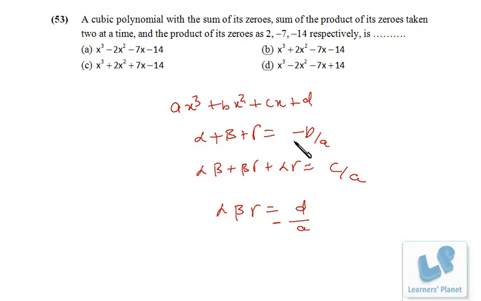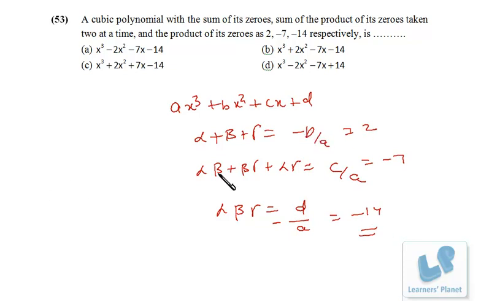So we are given the values: the sum of zeros is 2. So minus b by a is 2, and here a is 1, because all the polynomials have the coefficient of x cube as 1, right? So minus b by a is 2, then alpha beta plus beta gamma plus alpha gamma is minus 7, and alpha beta gamma is minus 14, right?